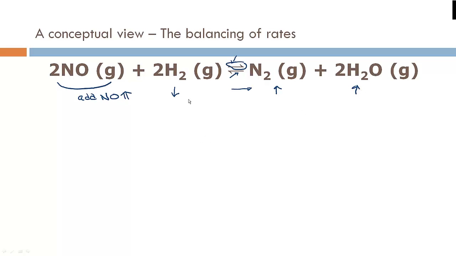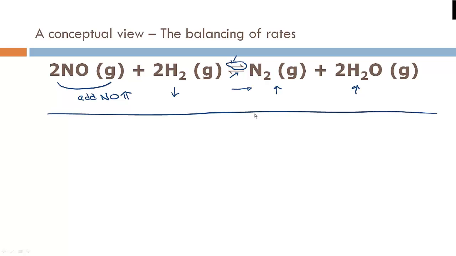Okay, so let's think about another instance. Let me draw a line here so we can draw another case. Let's say I increased the amount of H2O gas in the system. So that's what I'm going to do like this. What's going to happen to the reaction? Well, the forward reaction isn't going to get any faster. So what ends up happening is the reverse reaction ends up getting faster, like this.